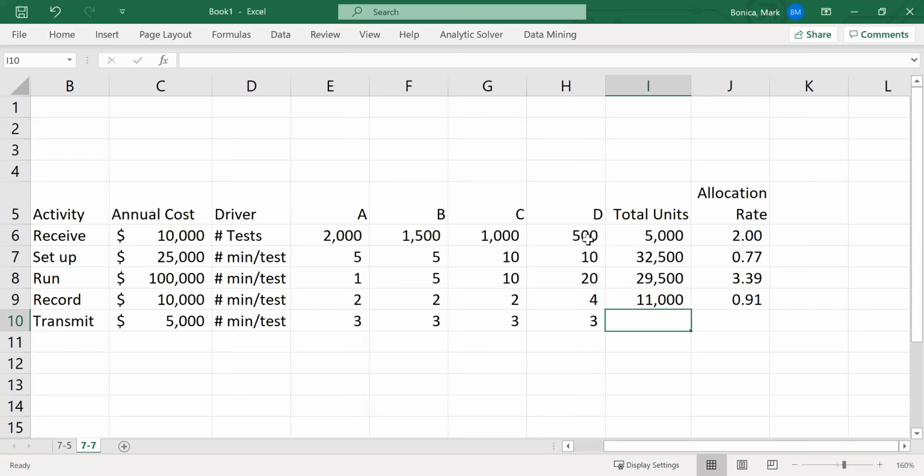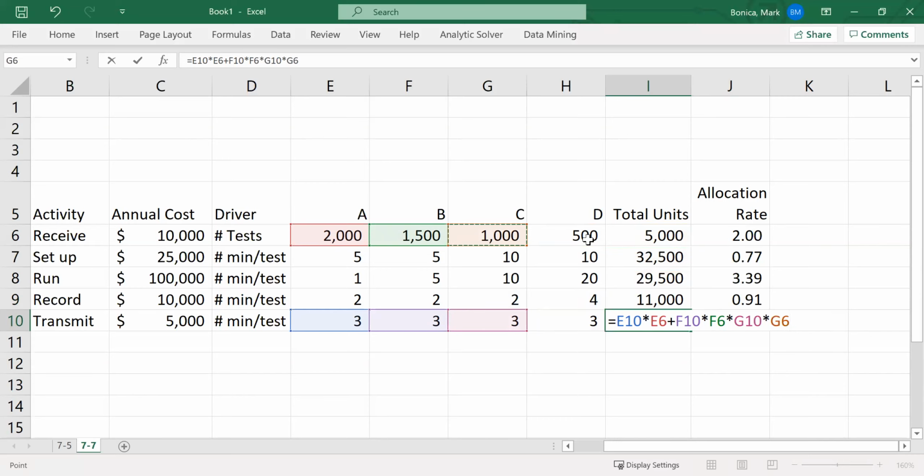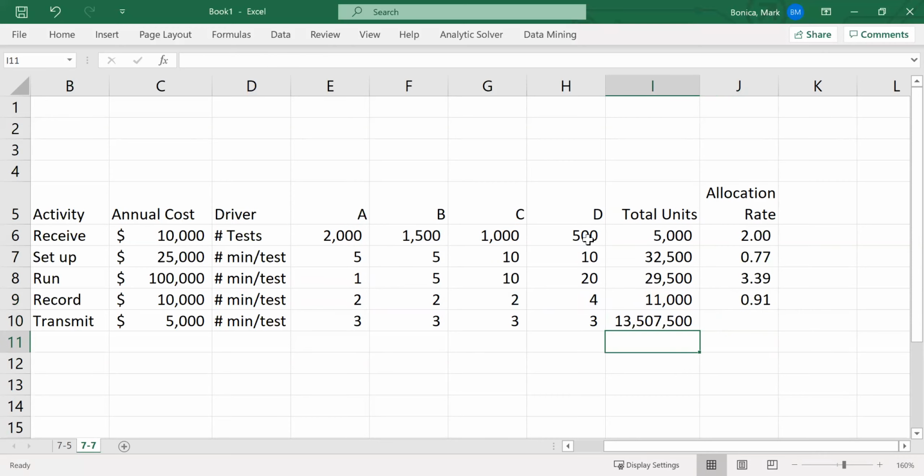And finally, transmit is 3 minutes per test, so 3 times 2,000 plus 3 times 1,500 for B plus 3 times 1,000 for C plus 3 times 500. That can't be right. Something went wrong there.